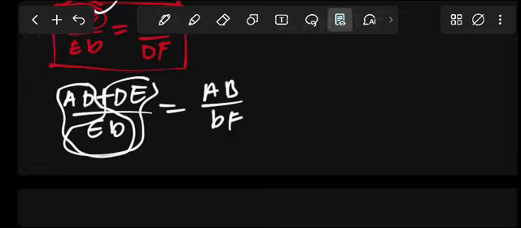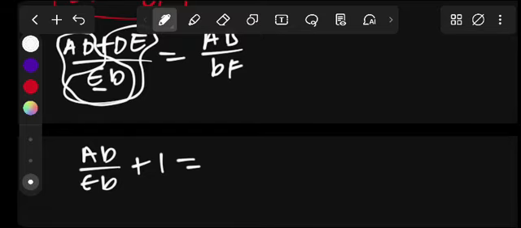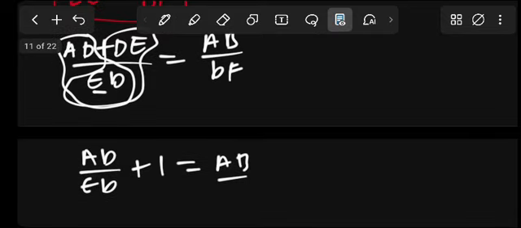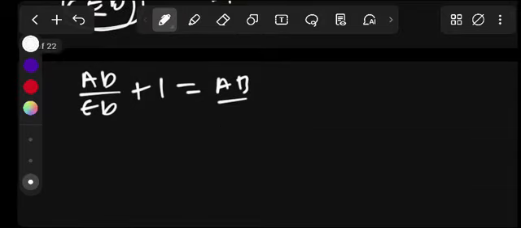So if I do that, I will have AD over ED plus DE over DE, this is the one and the same thing, would be 1, but it's equals to AB over BF over DF. Alright, this is what we have.